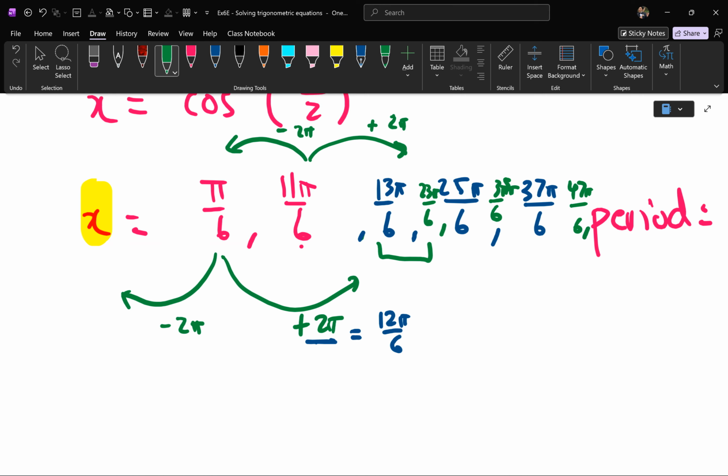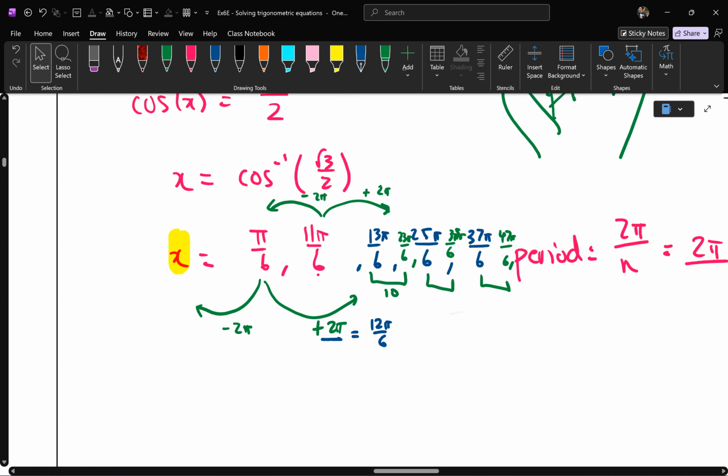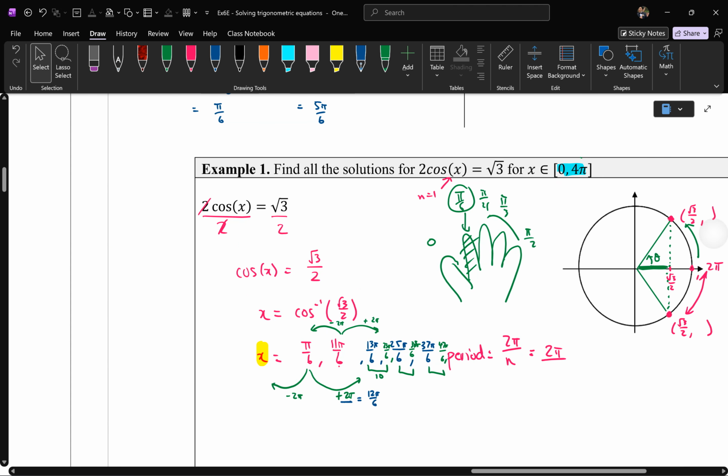Okay, can you see how I'm just looking at the patterns? I'm looking at the patterns for each one. How far is each one between each other? This was only 10 units away, 13 to 23. Then the next one must be 25 to 35. Next one must be 37 to 47. And you can keep going until you get to 4 pi.